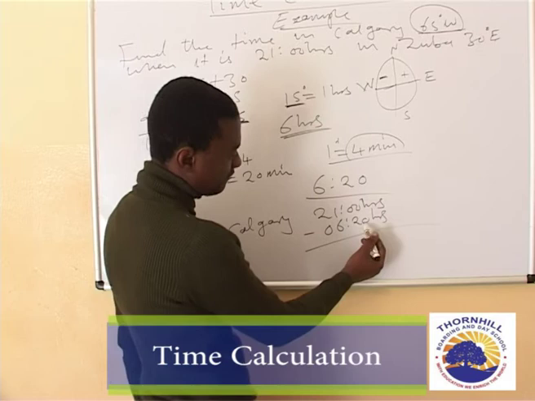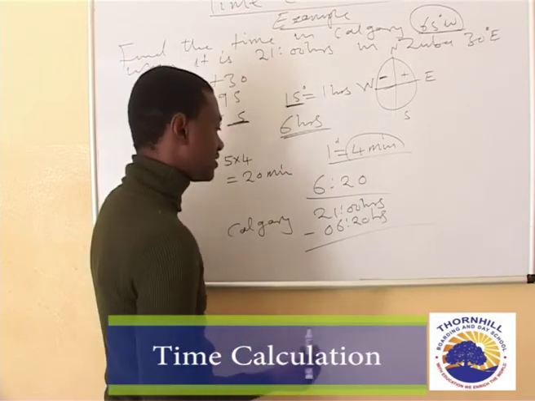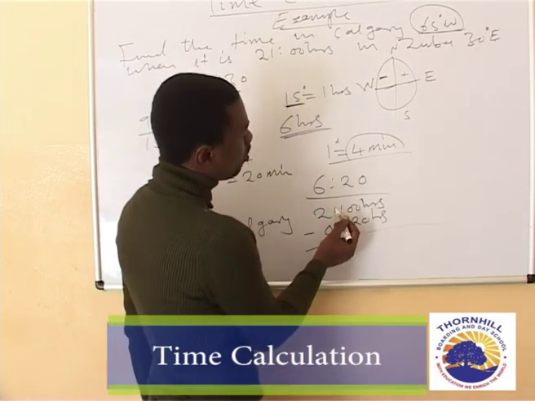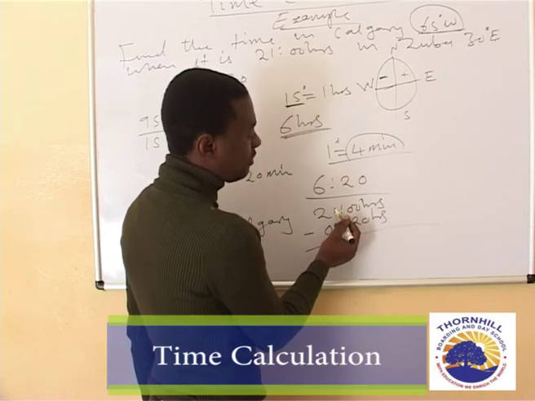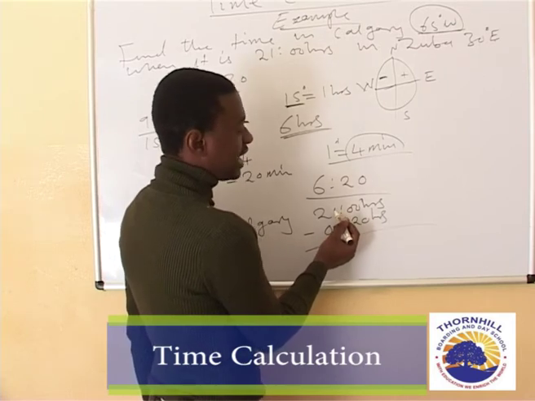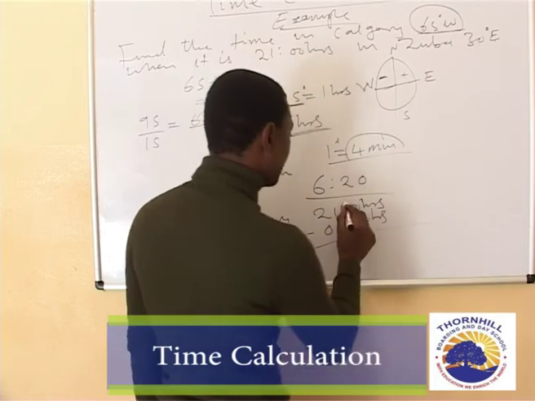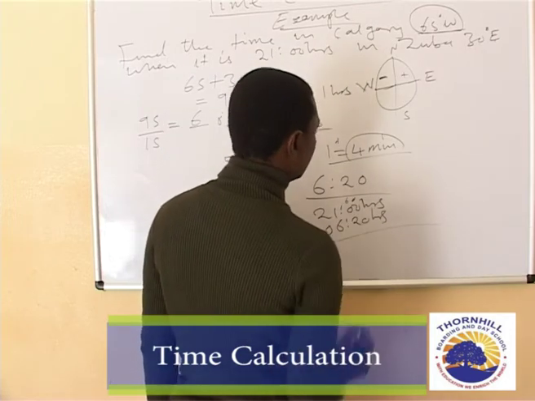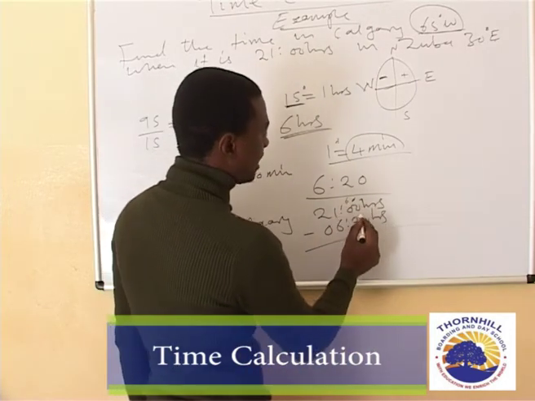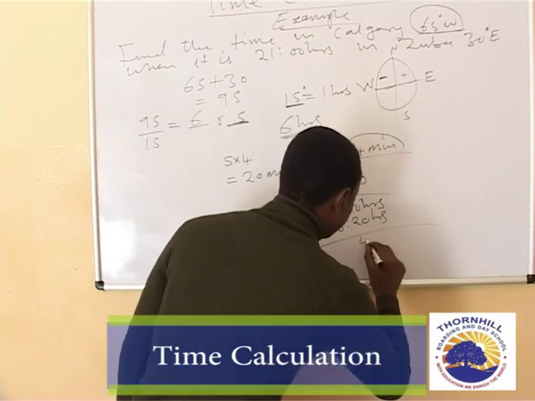In this case, we have 20, and up there we have zeros. So we take 1 hour from 21, and that 1 hour is 60 minutes. So it becomes 60 minus 20, which gives us 40.